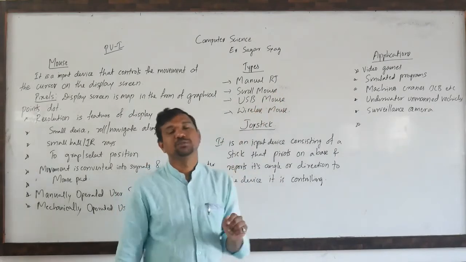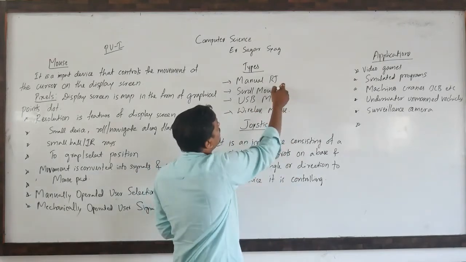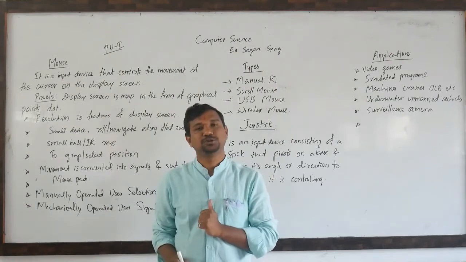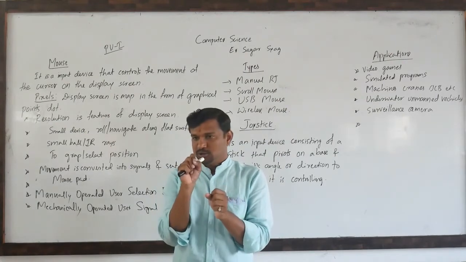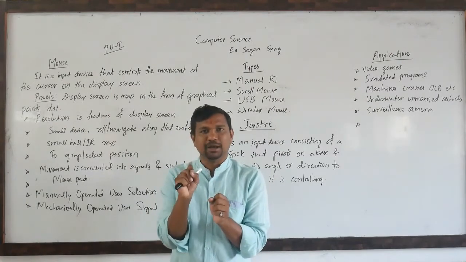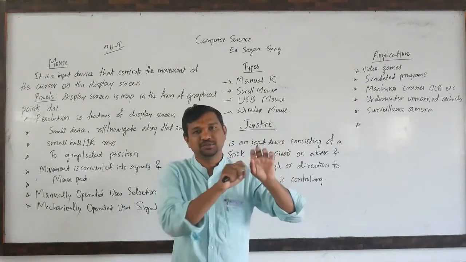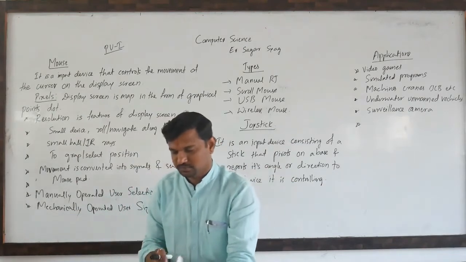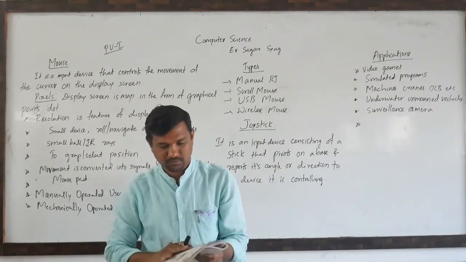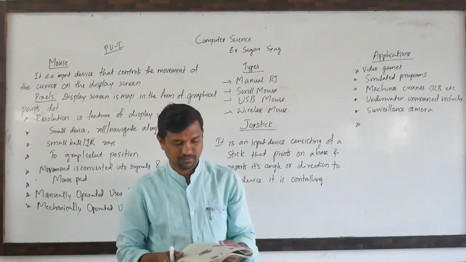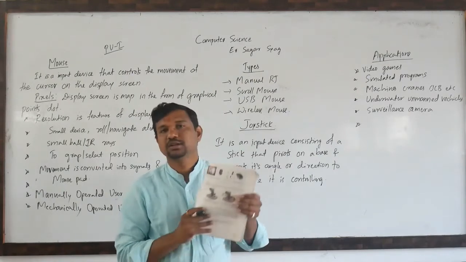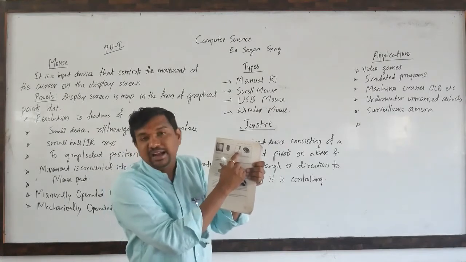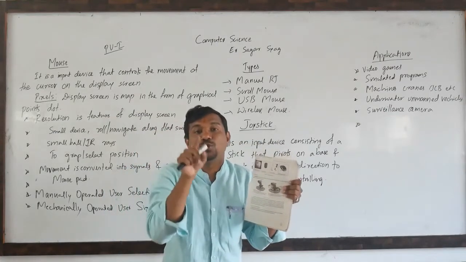Then USB mouse. So these two are both PS2 ports. PS2 port means the cable: one end is the mouse, and the other end has a round shape.